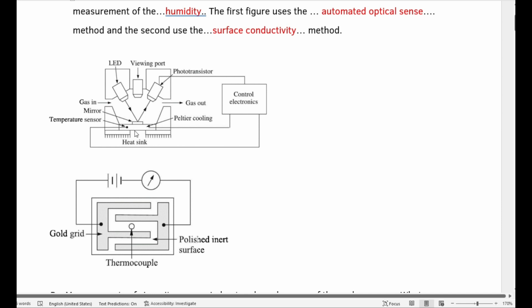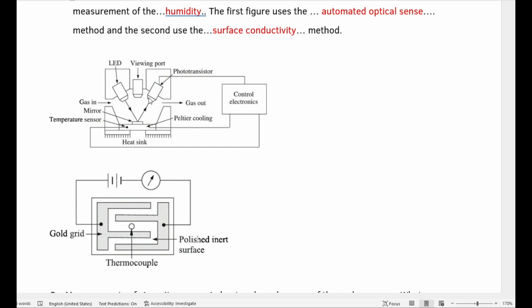Now you see here there are two devices. One of them has a mirror, and the mirror is built above a Peltier cooling layer, and there is a heat sink lower than it. Here there is a light emitting diode which emits light beams on the surface of the mirror, and they are received by this phototransistor.